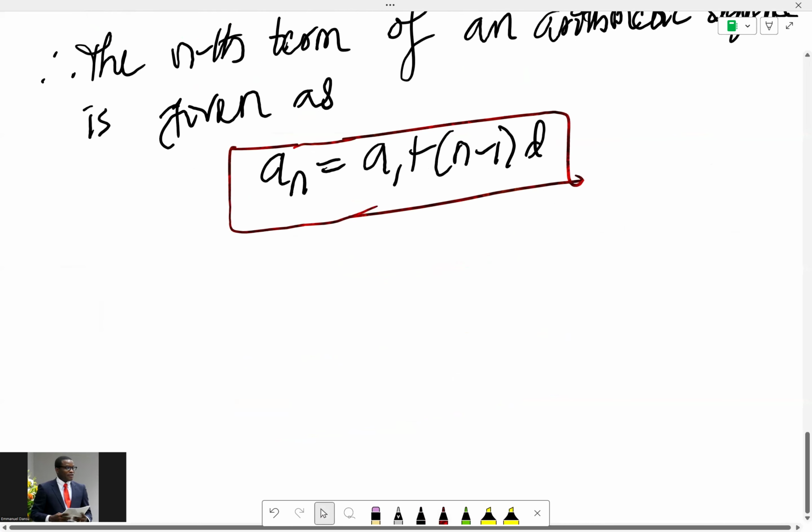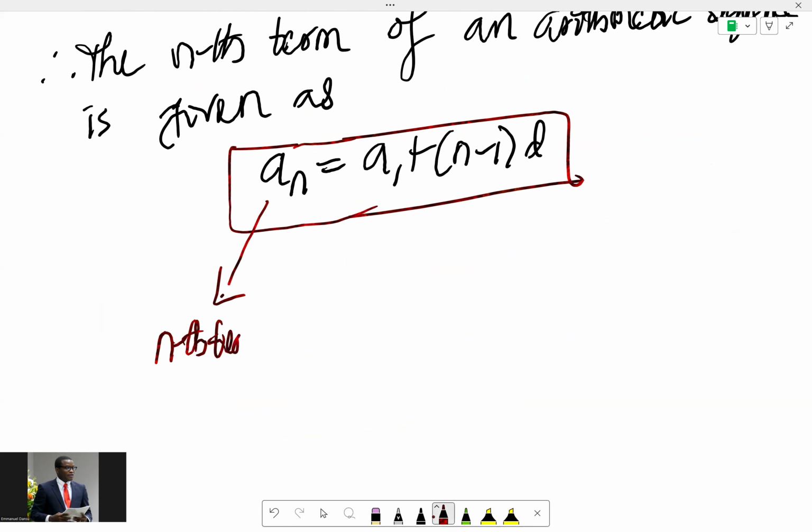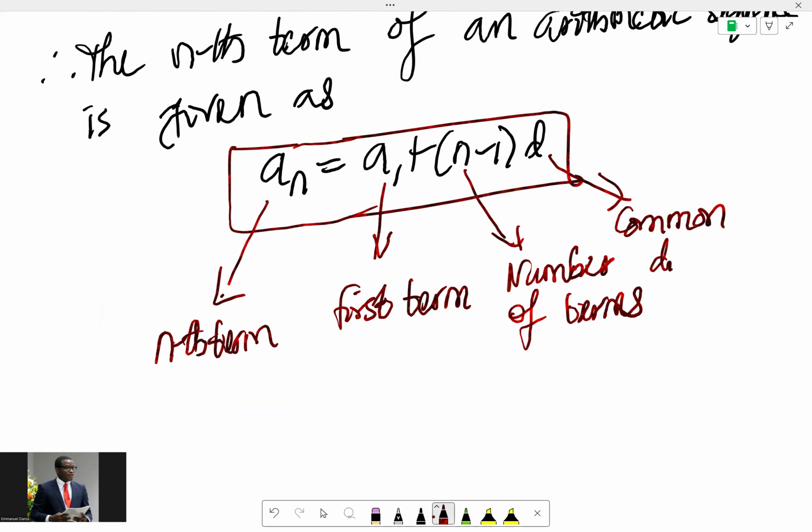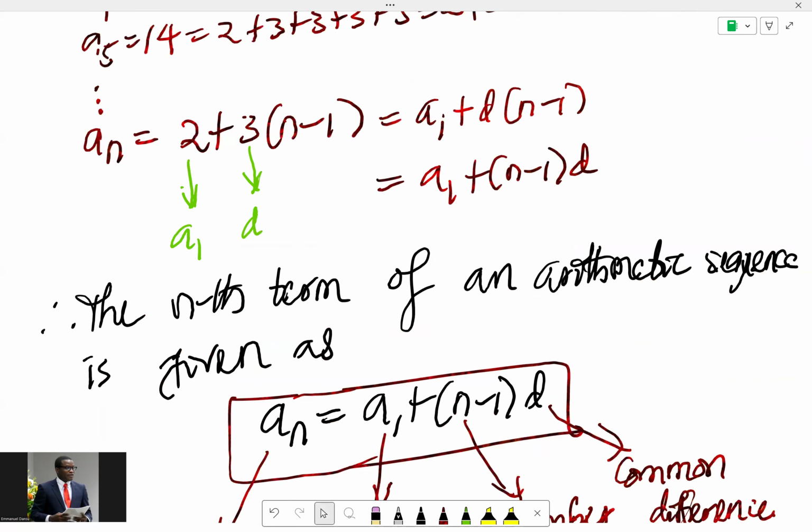Of course, just like we already know, this is the nth term, this is the first term, this is the number of terms, and of course, d is the common difference. So that's an arithmetic progression. That's how that goes.